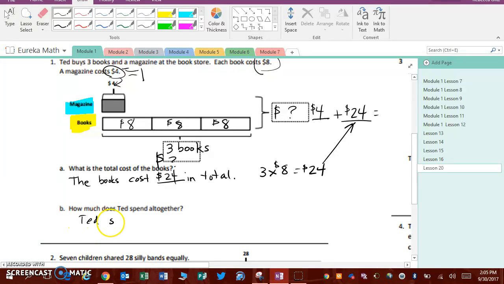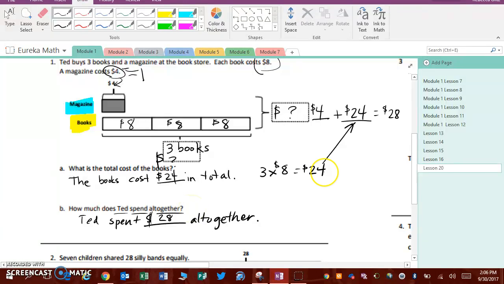Ted spent blank altogether. Okay, just using a lot of words from the question in my answer sentence. Since it's money, I'm going to put my dollar sign in there. So if I go back up here to where I was doing that math, $4 plus $24 equals $28. And I'm going to go back and put it in my answer sentence.